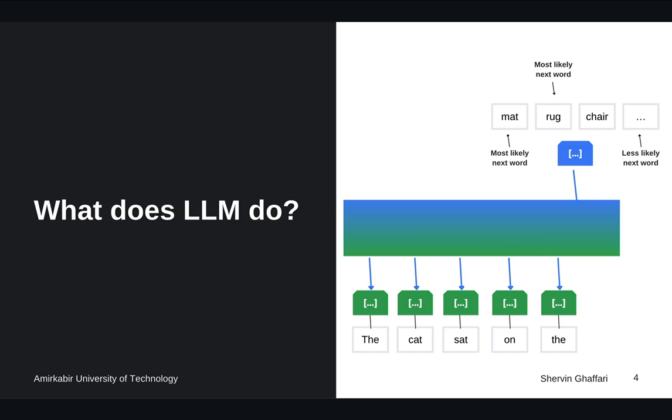Given a sequence of tokens, it uses its tokenizer to identify tokens in a given text, and then uses this tokenizer to transform these tokens into a numerical representation which the model can understand.